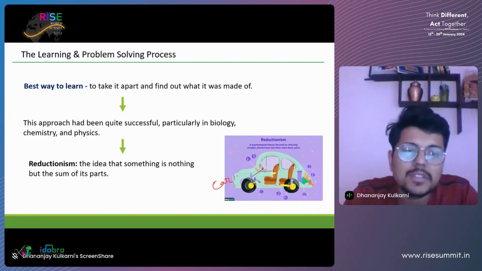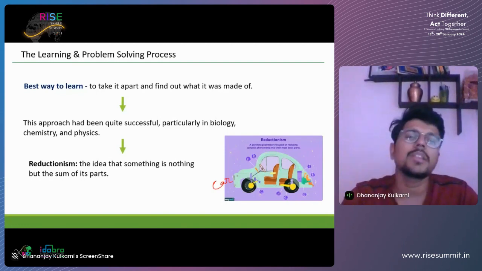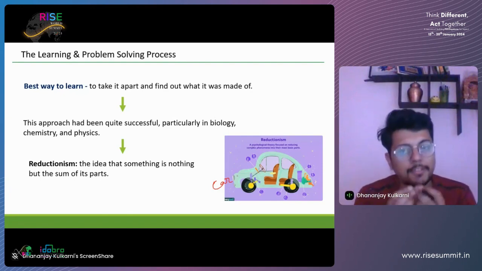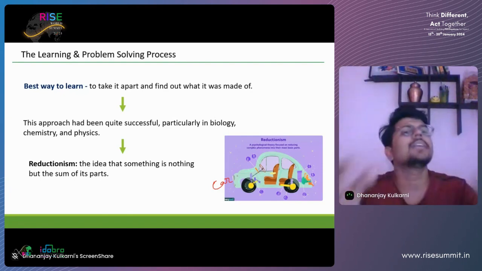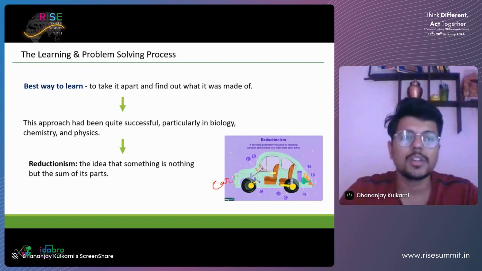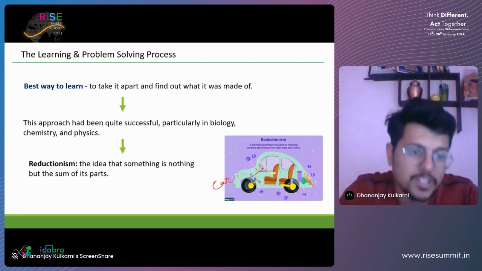The reductionist approach is that we divide this, study the individual parts, and then we will understand the entire system. That is the conventional wisdom we have with the conventional reductionist approach.